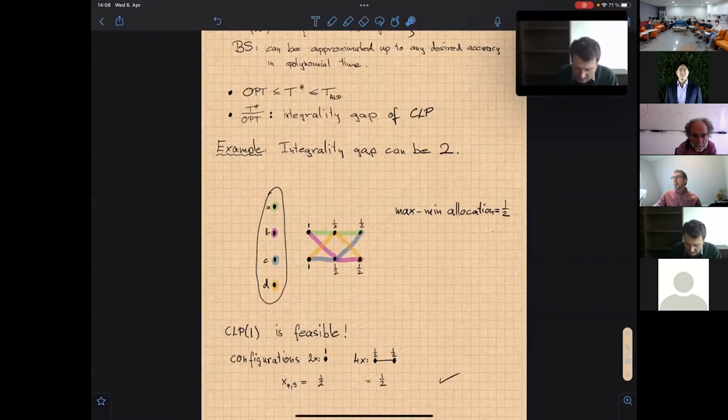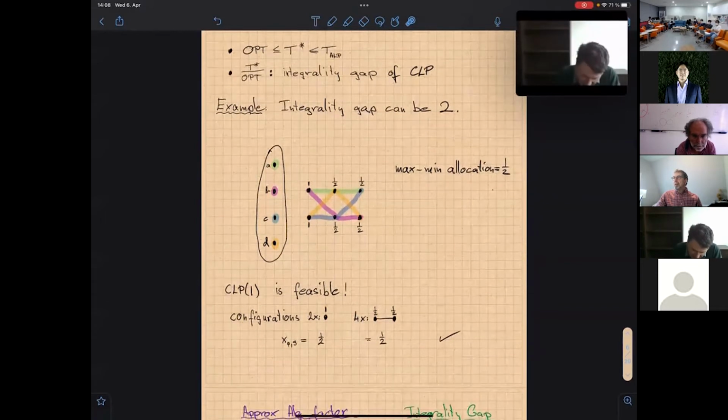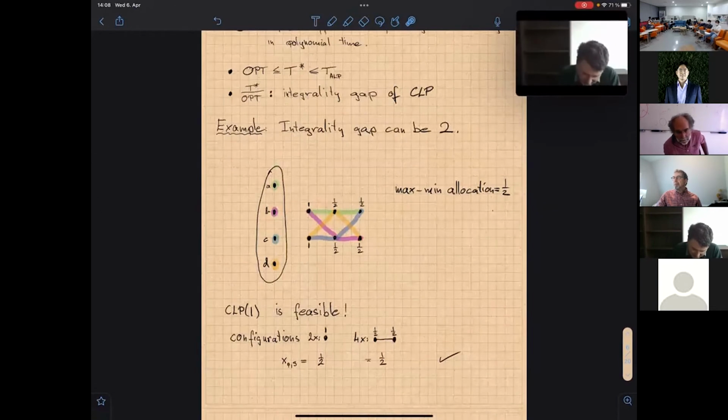So you cannot give them all these items, and that means that the maximum min allocation will be 1/2. On the other hand, the CLP with target 1 is feasible.